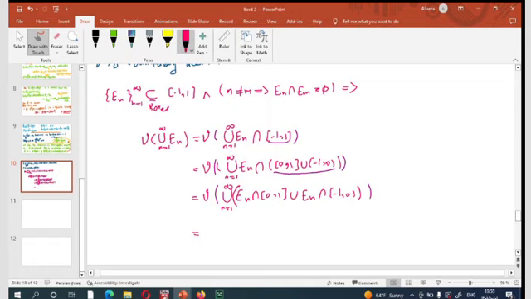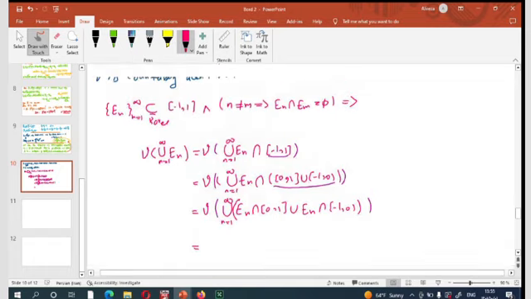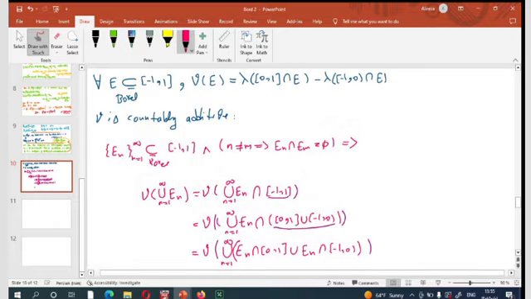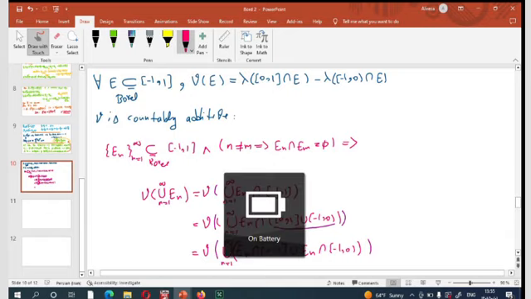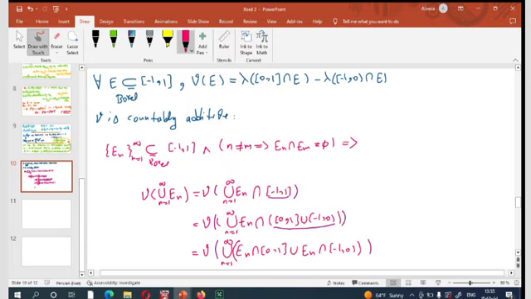So we can use at first this definition, okay, we can use this definition and write mu of this union equal to this subtraction.